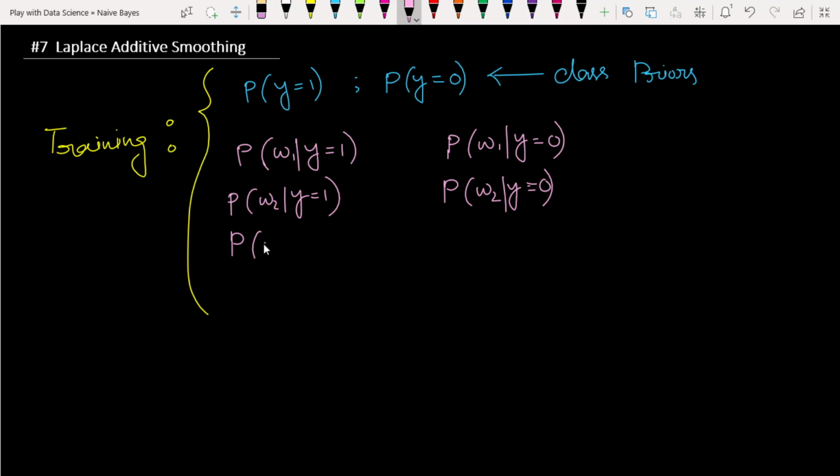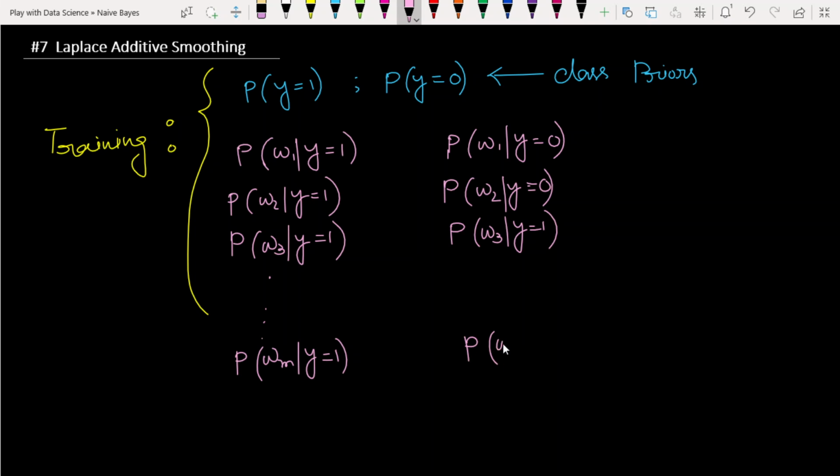For word 3 given class 1, and so on, up to word m given class 1, sorry, it will be 0.